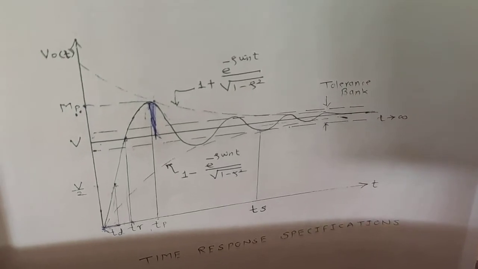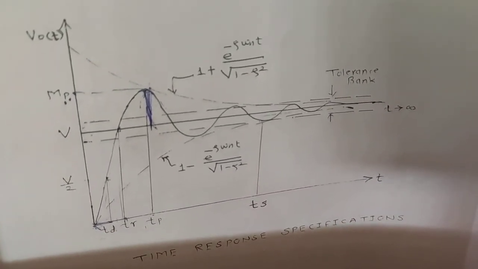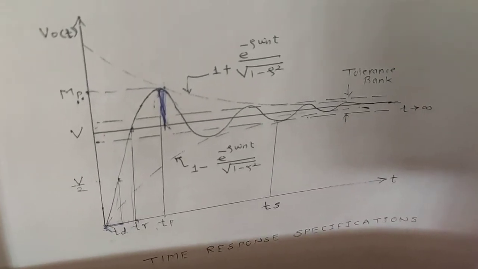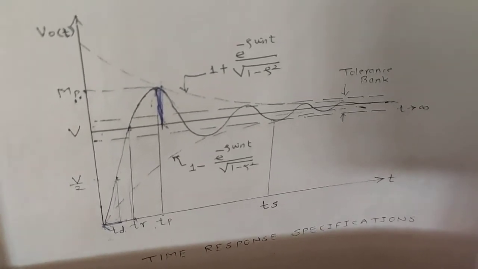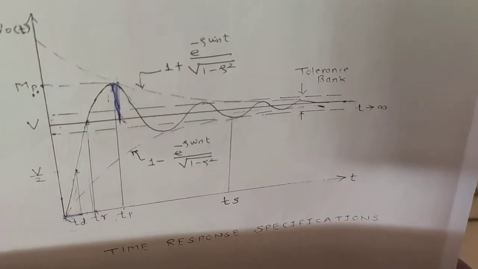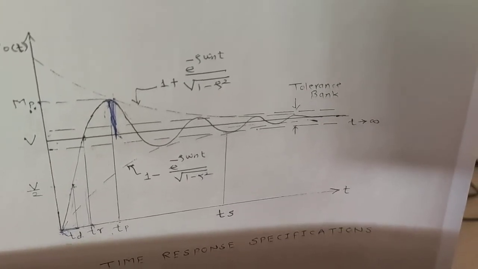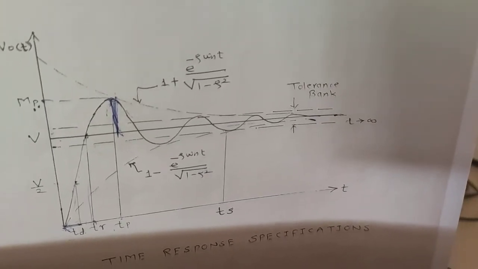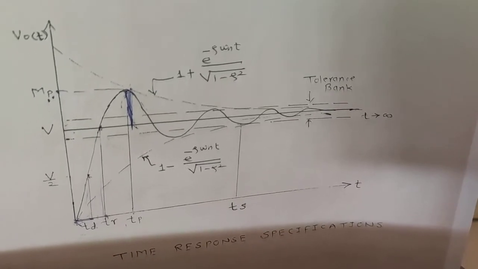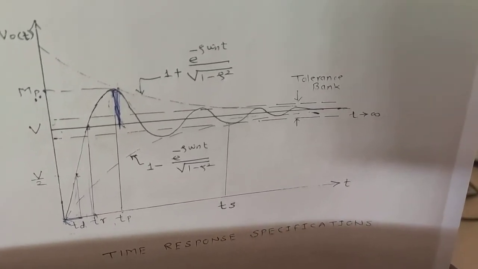And peak overshoot is the overshoot from the voltage V to the peak, that is Mp, called the maximum overshoot. So here, from the digital oscilloscope, we will measure this settling time, rise time, peak time, and delay time.